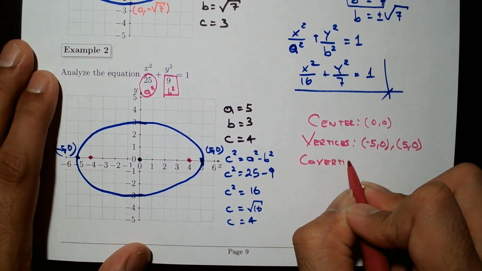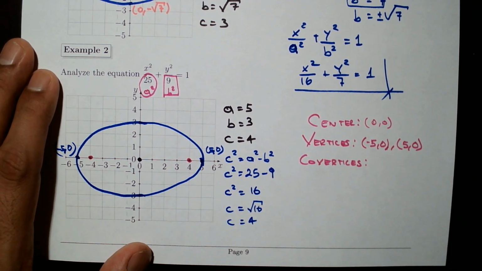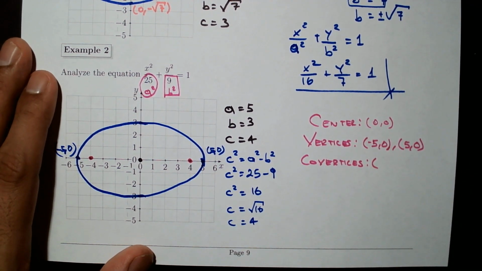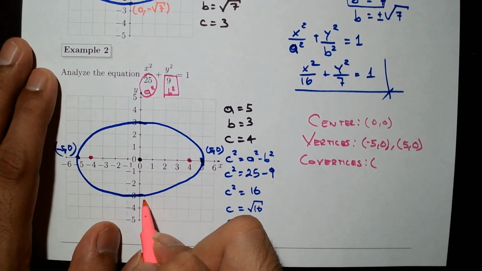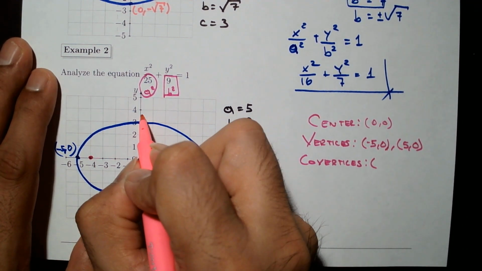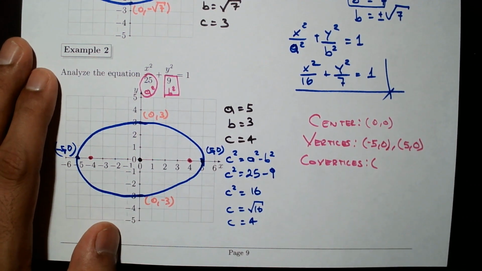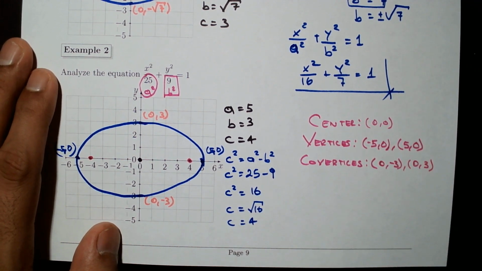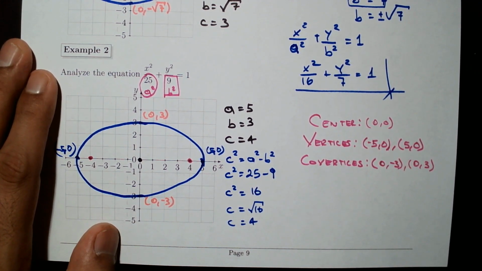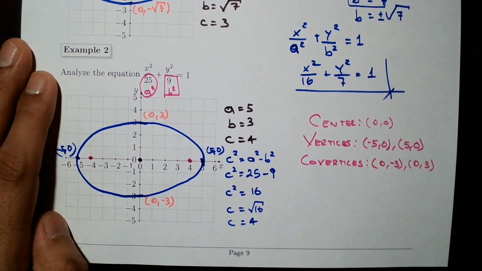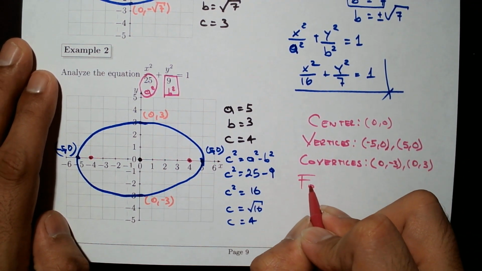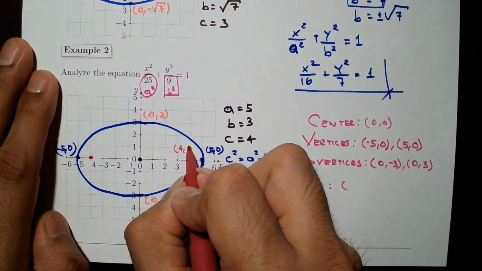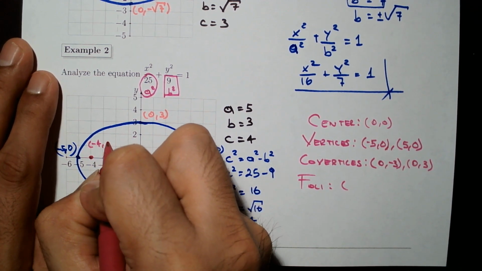Co-vertices. And that's going to be the points located above here. So 0, -3 and 0, 3. And what else? Oh, the foci, which one of them is 4, 0 and -4, 0.